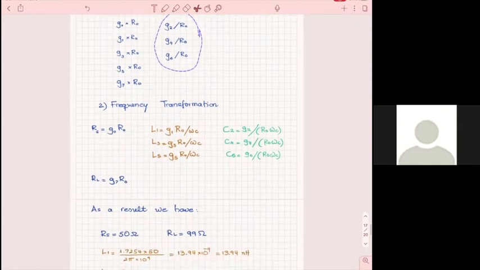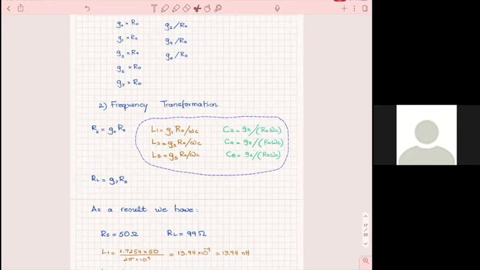Now, frequency transformation. We don't do frequency transformations to resistors, obviously. The resistor does not change with frequency. It remains the same. But we do frequency transformations to both inductors and capacitors, and we divide both of these.